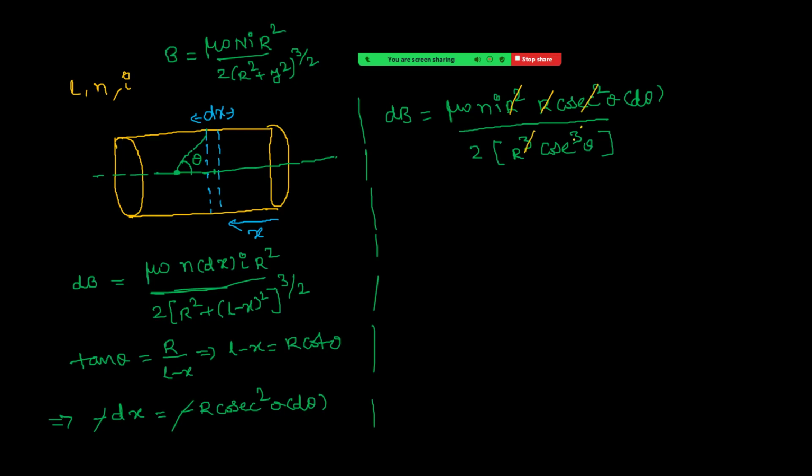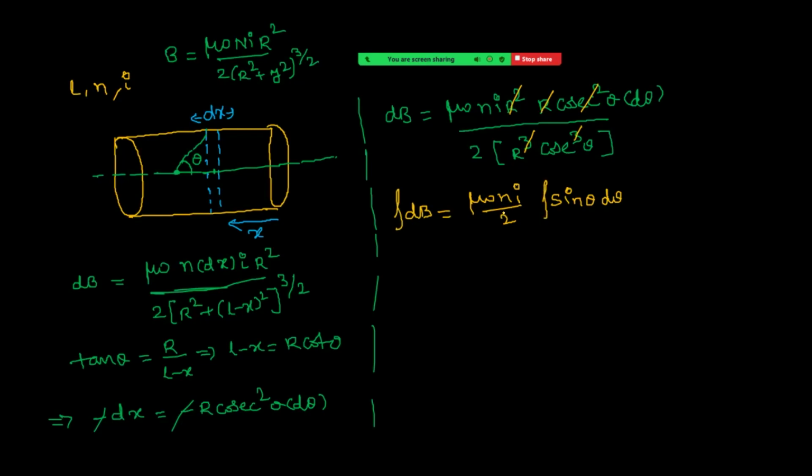Cosecant square, cosecant cube, what else is left? Mu naught N I upon 2, cosecant is 1 by sine, so it is sine theta d theta. This is now dB.